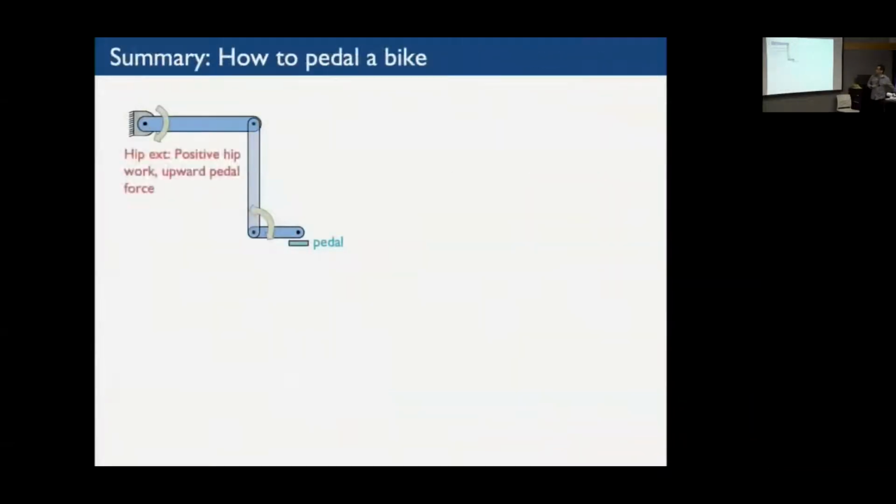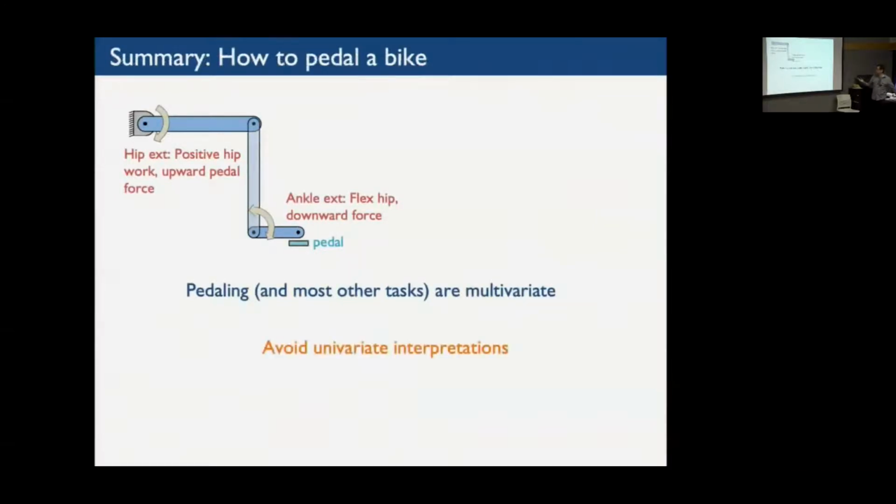Okay, so just a summary on how to pedal a bike. Extend the hip, extend the ankle, add those things together, and you'll get a multivariate effect. And I would also say the lesson is, let's try to avoid univariate interpretations, because that's where the craziness comes from. The tibialis anterior accelerates the body downward during gait.